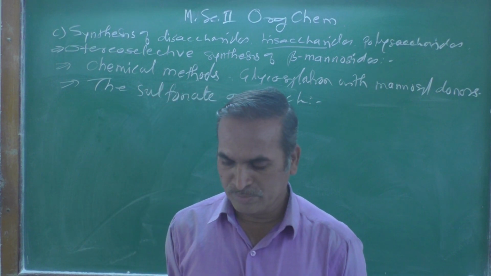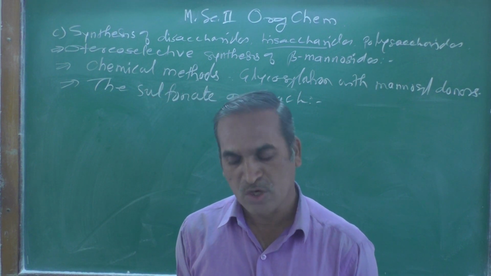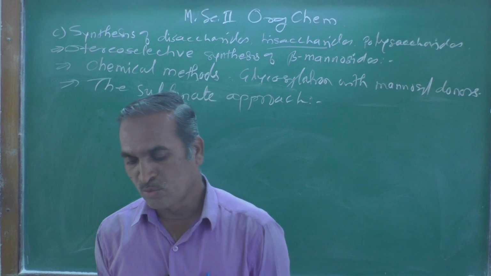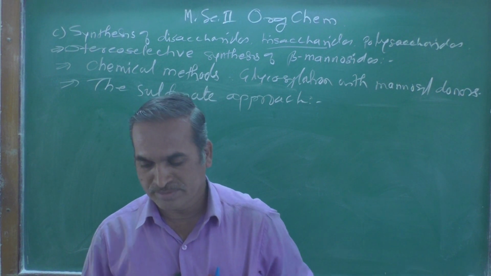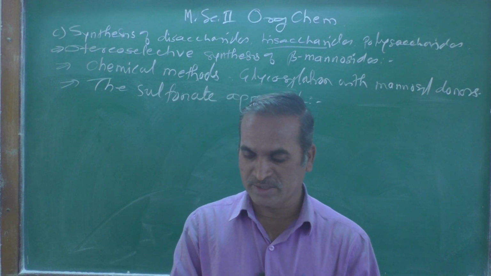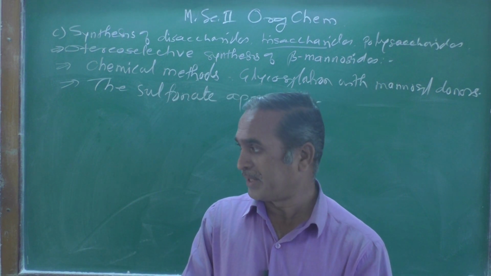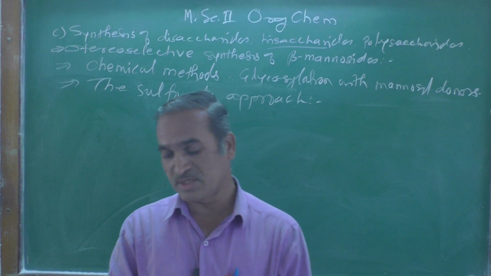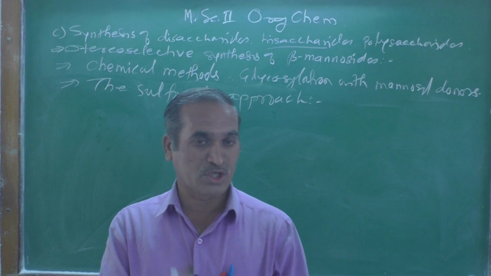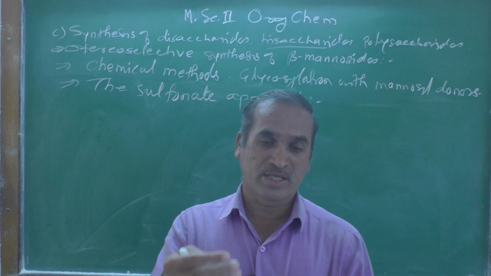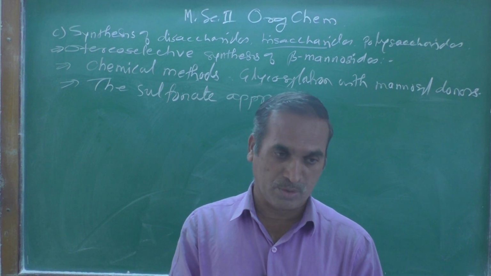The leaving group properties of the sulfonate group were first exploited in beta mannoside synthesis by Perlin. Again, Perlin is a scientist's name. He used a sulfonate approach. Why did he use a sulfonate approach?